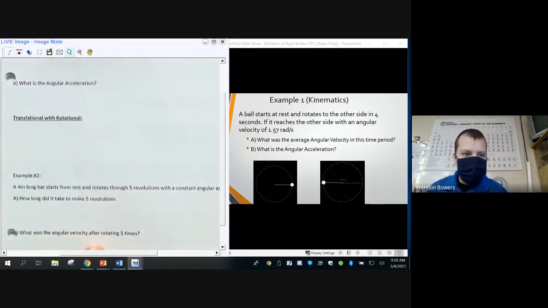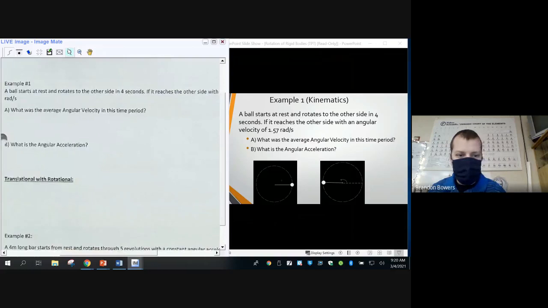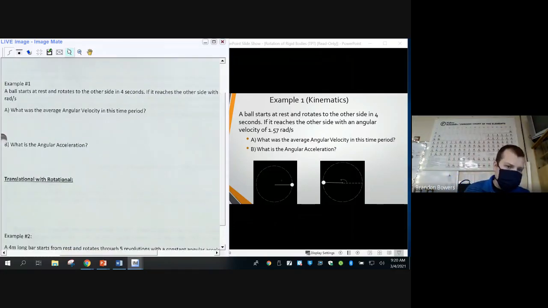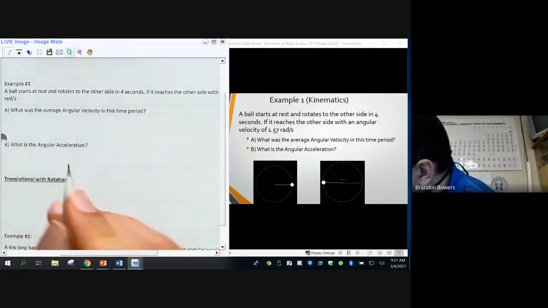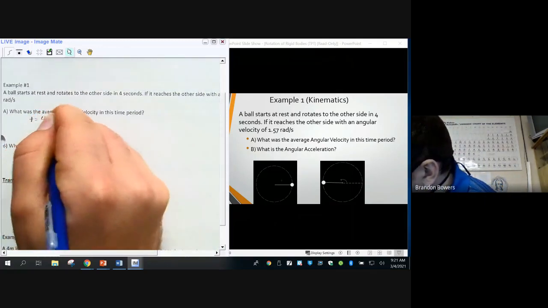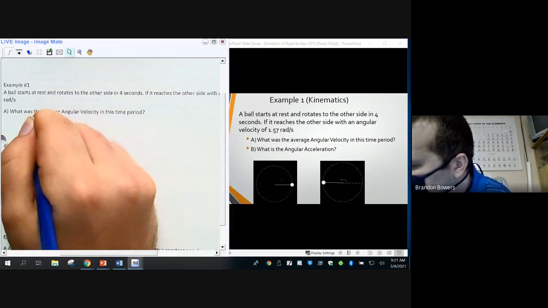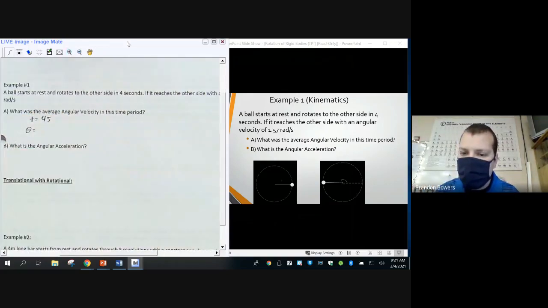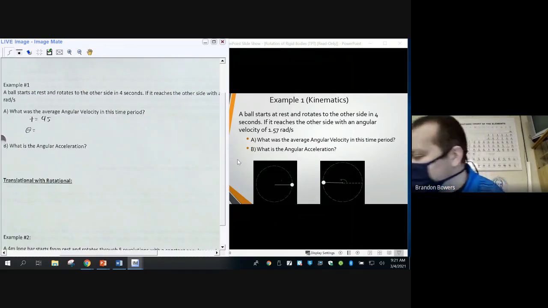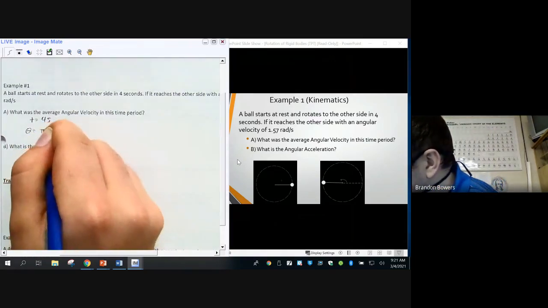Oh, that's example 2. There's example 1. Okay. So, if it starts from rest, all right, we know time is 4 seconds. We know theta. What's our theta? If it went from one side to the other, 180 degrees. The theta is pi radians.